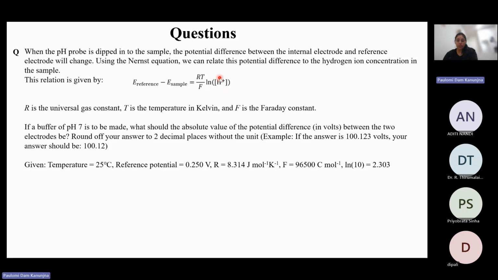And let's say you do that also, and then you need to substitute that in the formula. Minus 0.41. Yes. Minus 0.413.